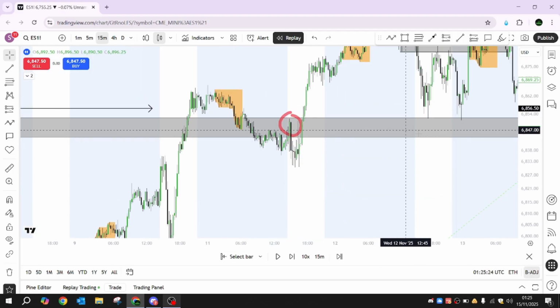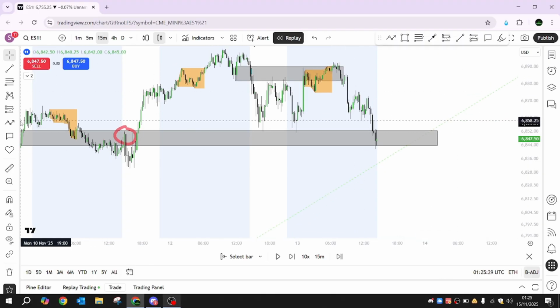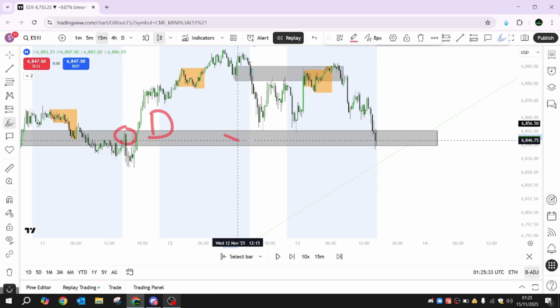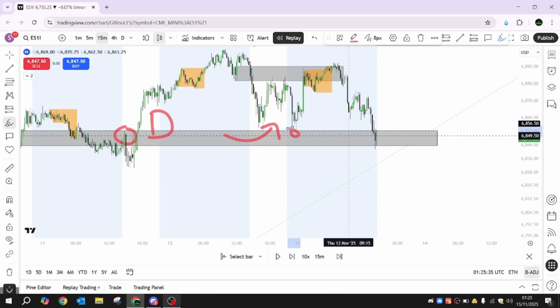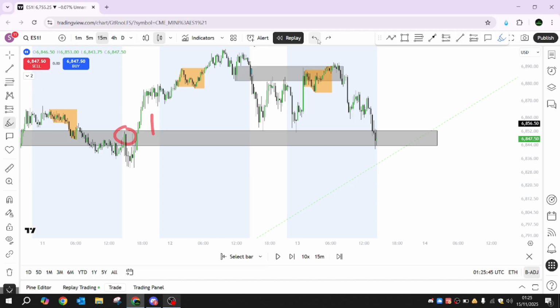We tried to hold as supply, and now we've come back to this level. Essentially, this is a flip zone, right? Price is flipping from demand to supply. What allows you to predict these flips from supply to demand, demand to supply, is order flow. And that's what I wish to break down in this video as well.